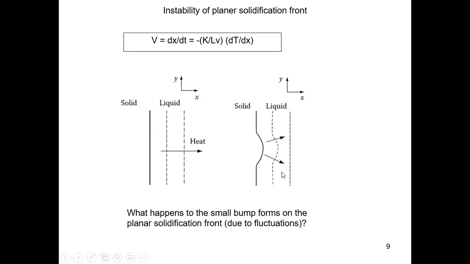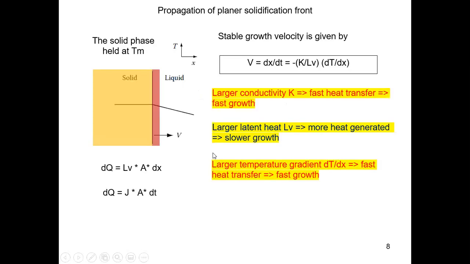Can you repeat it one more time, please? Okay, so we're talking about this small bump on the surface, right? We don't care how it forms. Suppose that now I have this small bump already formed on this solid, or on this solidification front. Considering that in our scenario the heat is taken away from the liquid, we have this temperature profile in the liquid, which, as you move further away from the solidification front, has a lower temperature.